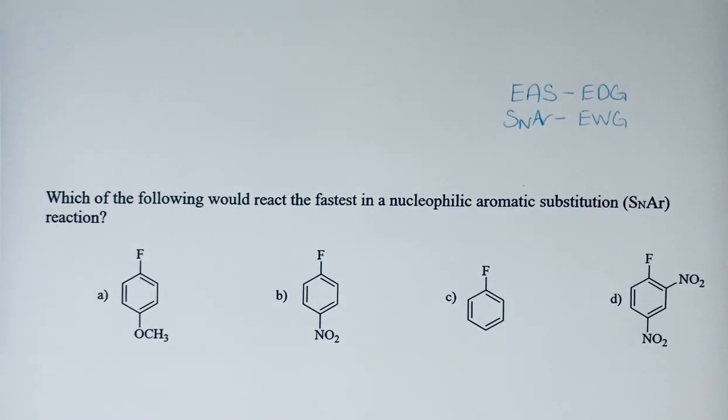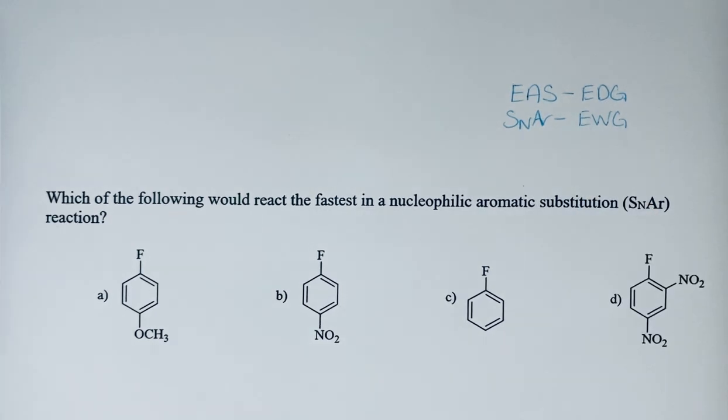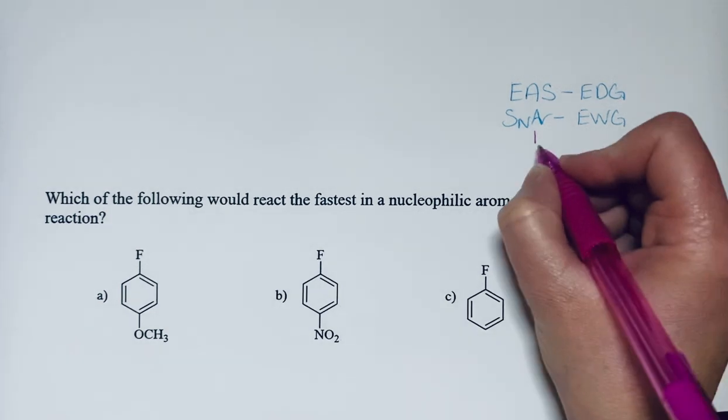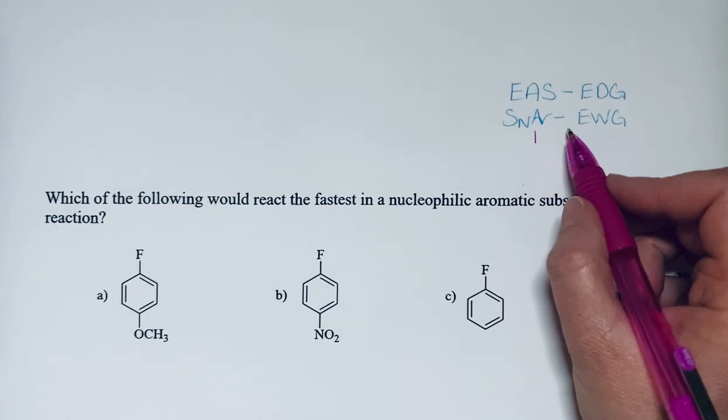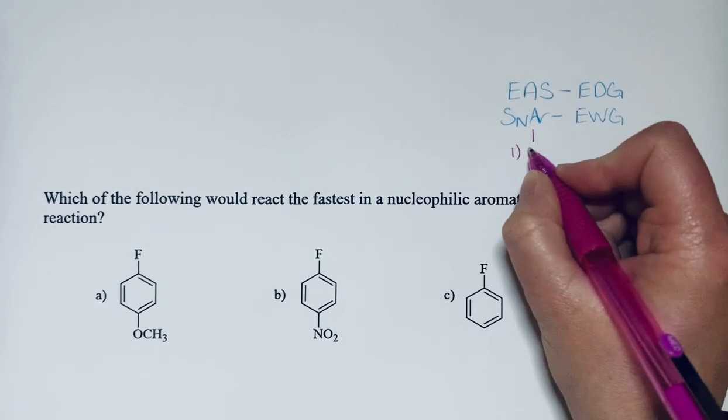Right? And so that information might be enough to get you to the right answer here, but I want to go through the full set of criteria for a nucleophilic aromatic substitution. So not only do you need to have electron withdrawing groups, we need some really specific things. It's a substitution, and you're not replacing a hydrogen this time, you're replacing a leaving group. So you need to have a leaving group.